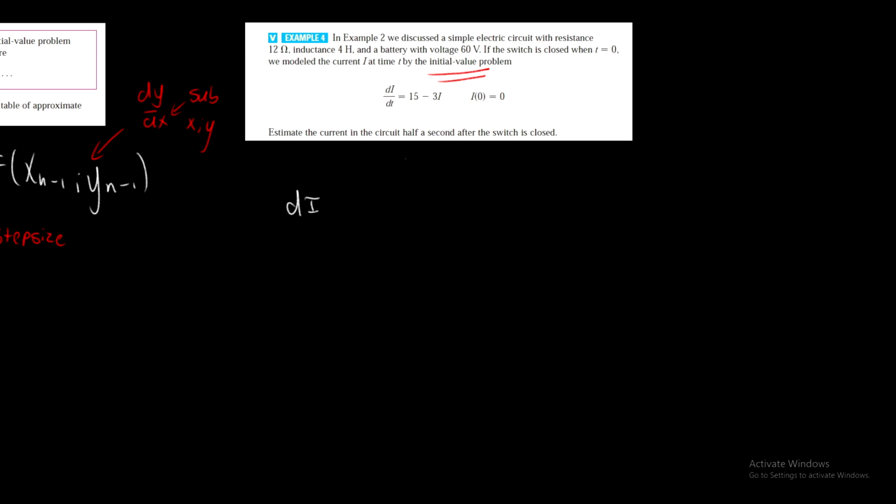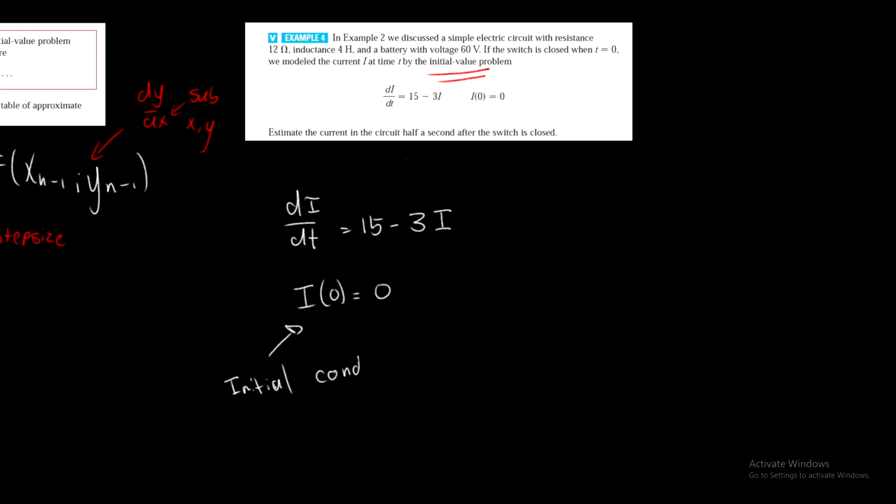So our differential is di/dt = 15 - 3i, i being the current. Okay, physics students should know that. Then we can see that when time is 0, the current is 0. Okay, so what do we have here? Well, we have our initial condition.